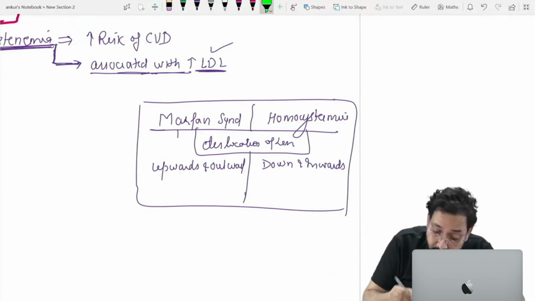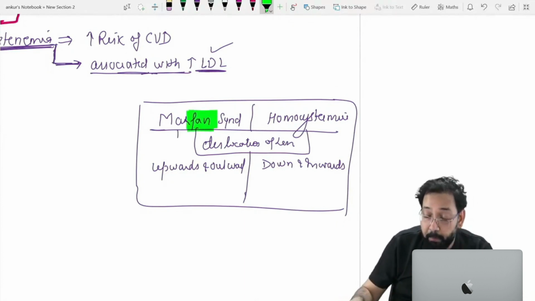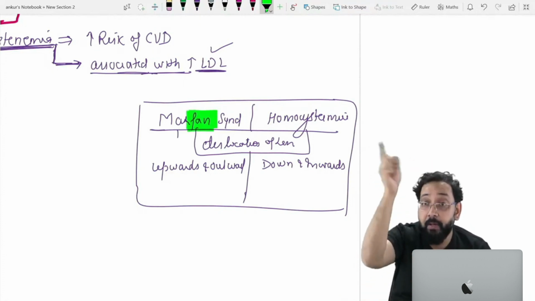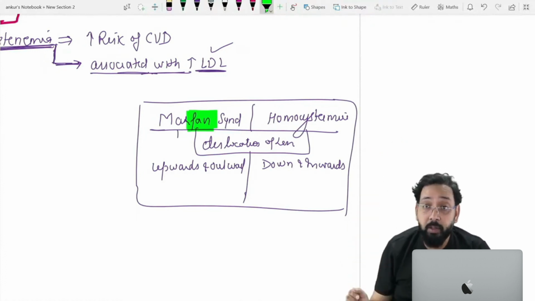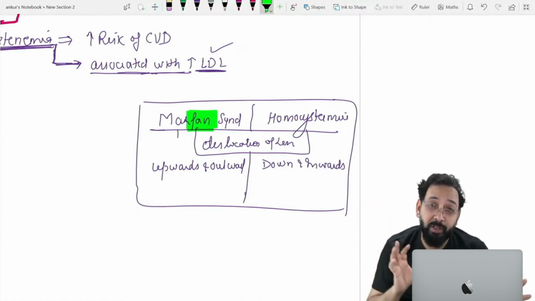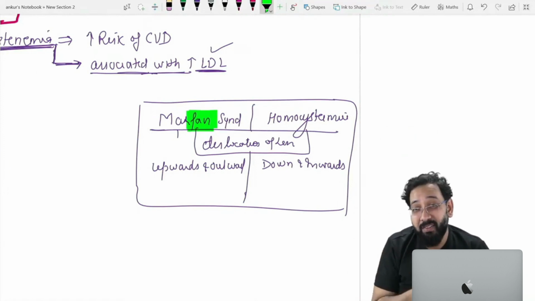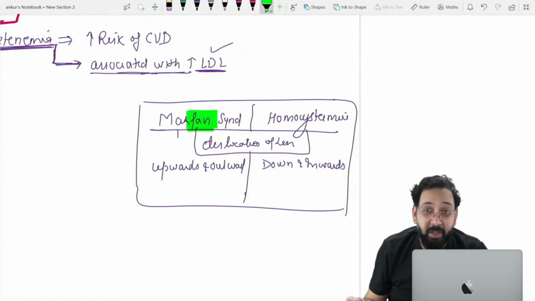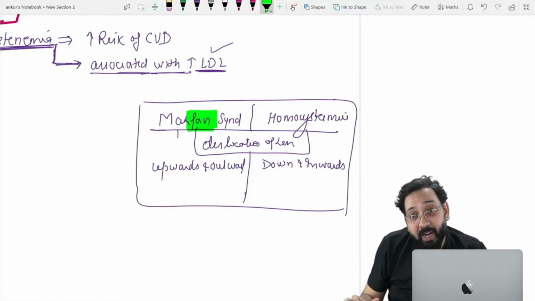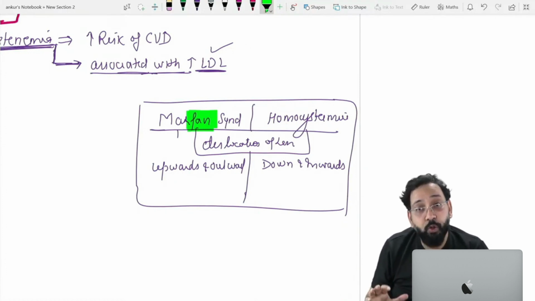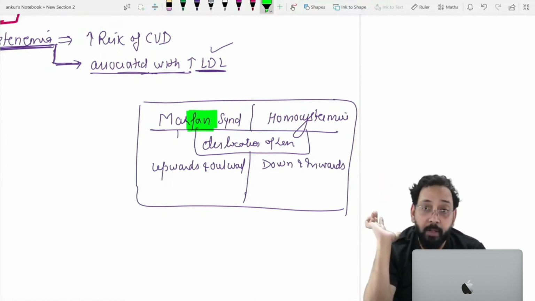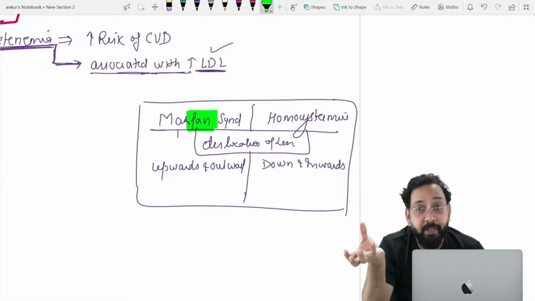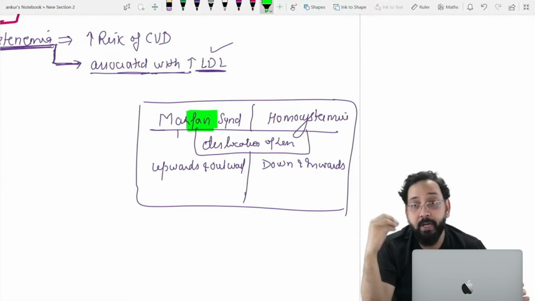I used to make a mnemonic: Marfan syndrome, fan is present upward. I remember in 2003-4, when I was preparing for the PG entrance exam, they used to ask about Marfan syndrome, dislocation of lens upward, and I made the mnemonic fan. But later on they started making the answer upward and outward.